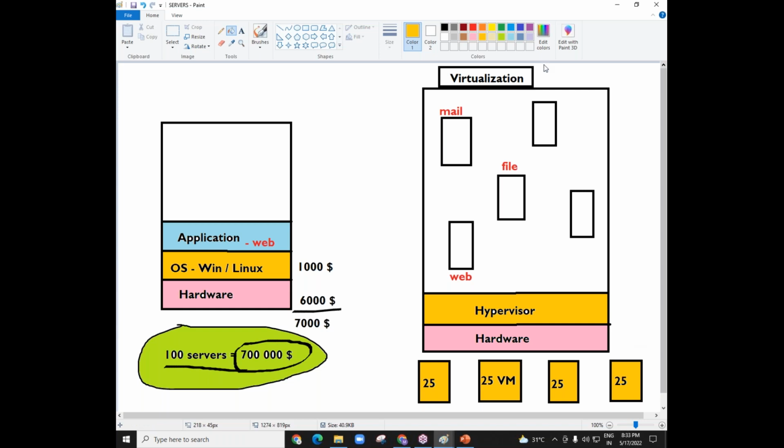Now what is virtualization? Virtualization is a concept. I'll write the definition here, things will be easier for you to understand.